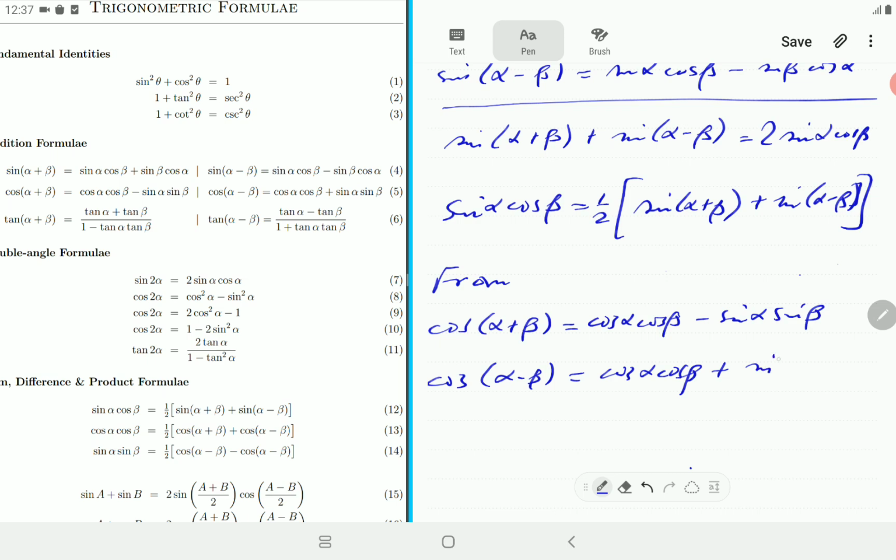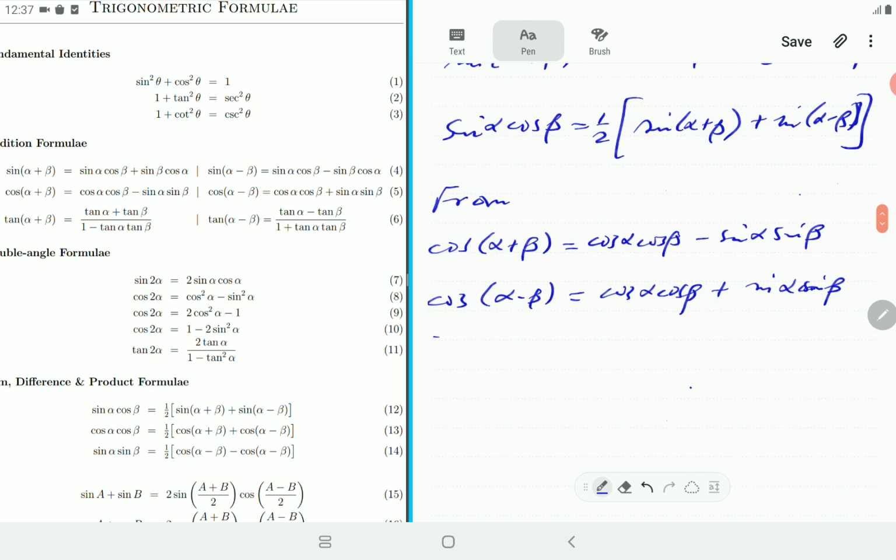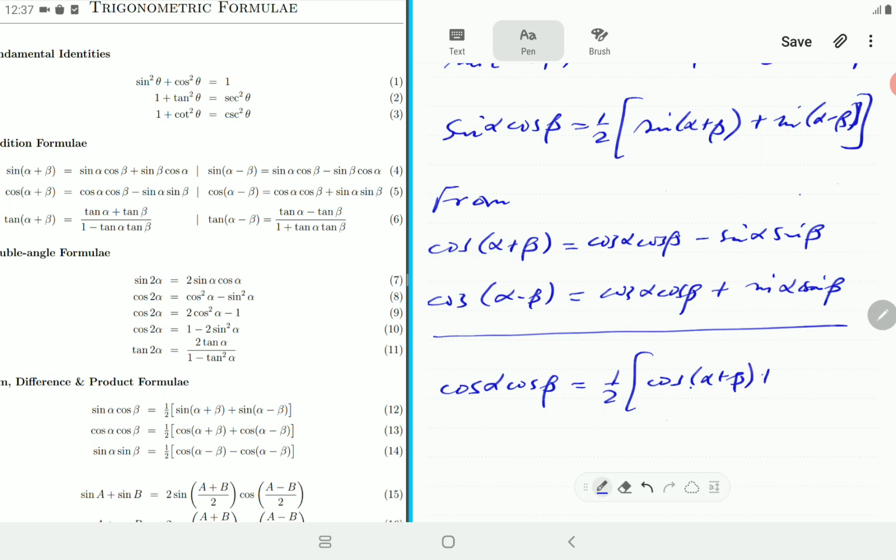There's going to be plus sine alpha sine beta. So this time if we add, again the two last terms are going to cancel out, these terms are going to add, so we're going to have cos alpha cos beta is equal to 1/2 of cosine(alpha plus beta) plus cosine(alpha minus beta).